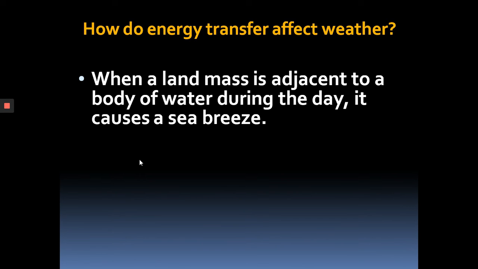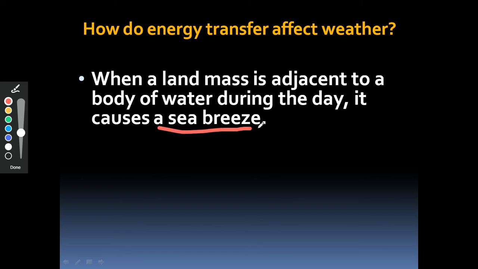So during the daytime, when there's plenty of sunlight energy, the land gets heated up faster than the water, so the air will rise from the land. To fill that empty space, air has to move in from above the sea. So the air goes from the water to the land, and we call that a sea breeze. That kind of wind that we experience during the day near the ocean is called a sea breeze.